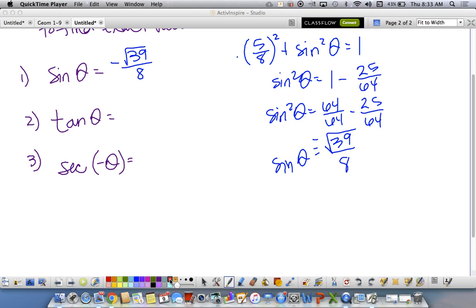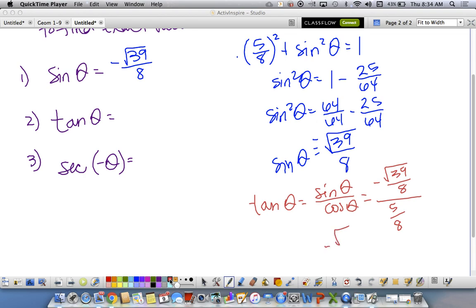All right, so tan theta. If you said tan theta equals sine over cosine. Can we do that? What's sine? And what was cosine? I think it was 5/8. Fraction divided by another fraction. Keep, change, flip.